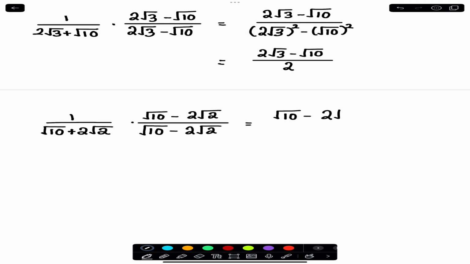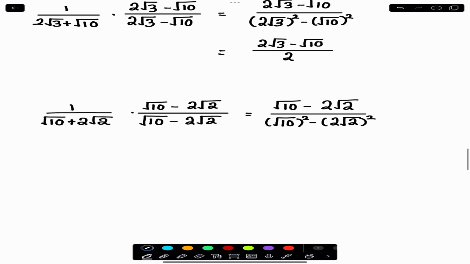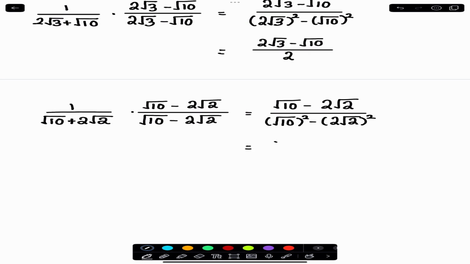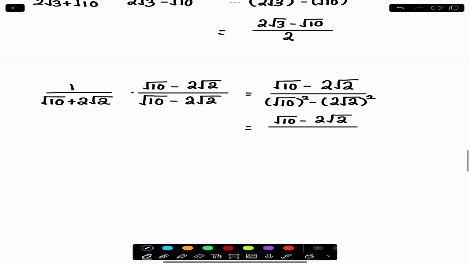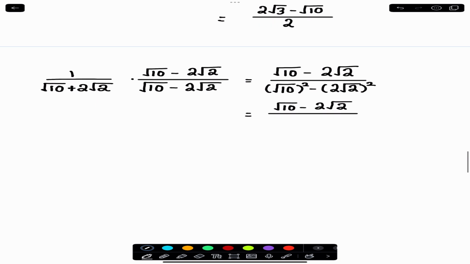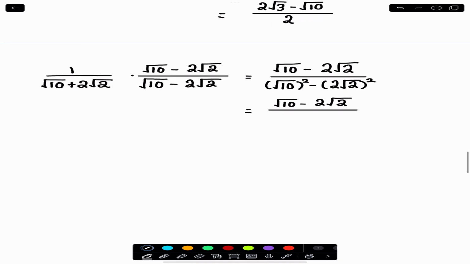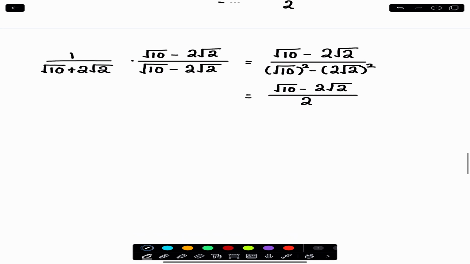So this ends up being the square root of 10 minus 2 root 2 over the square root of 10 squared minus 2 root 2 squared. The square root of 10 squared is 10. 2 root 2 squared is 4 times 2, which is 8. So this is also over 2.